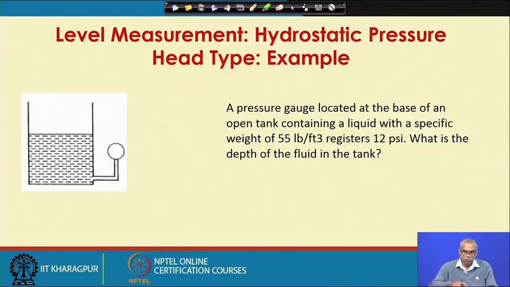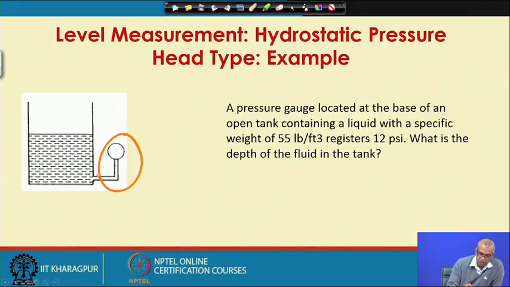So, I am going to measure the level of the liquid using a pressure gauge. I measure the pressure at the bottom of the tank, and that happens to be 12 psi. I know the specific weight of the liquid is 55 pound per feet cube. What will be the level of the liquid in the tank?